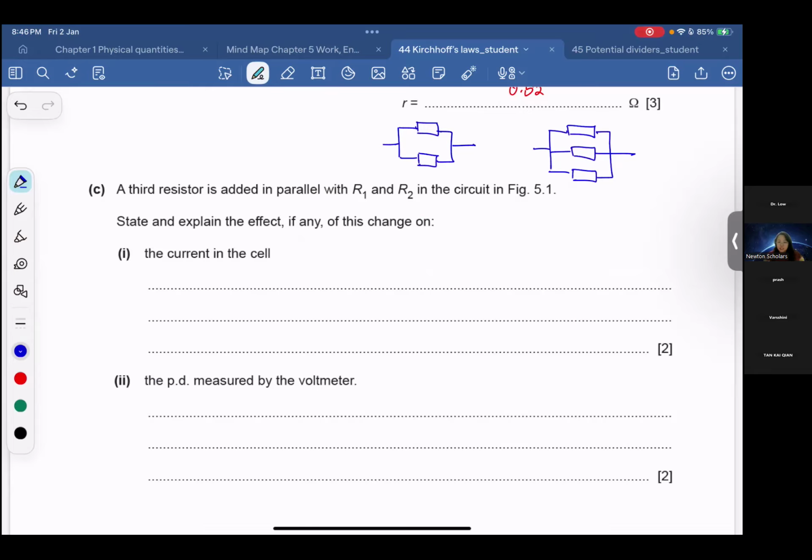That means you tell me your final answer, any change, and then tell me why you say so. Okay, explain why. Why need to take so long for you to think? It's quite straightforward, dear.